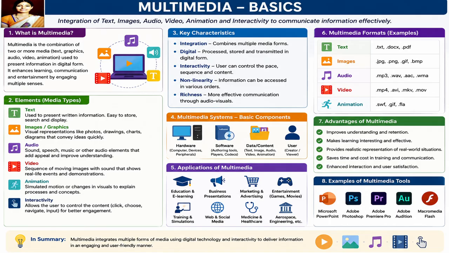Another characteristic is that the user can control the pace and sequence of the content. A few more characteristics are non-linearity, that is, this multimedia content or information can be accessed in various orders. As it combines various elements, automatically richness, that is effective communication, is also possible.